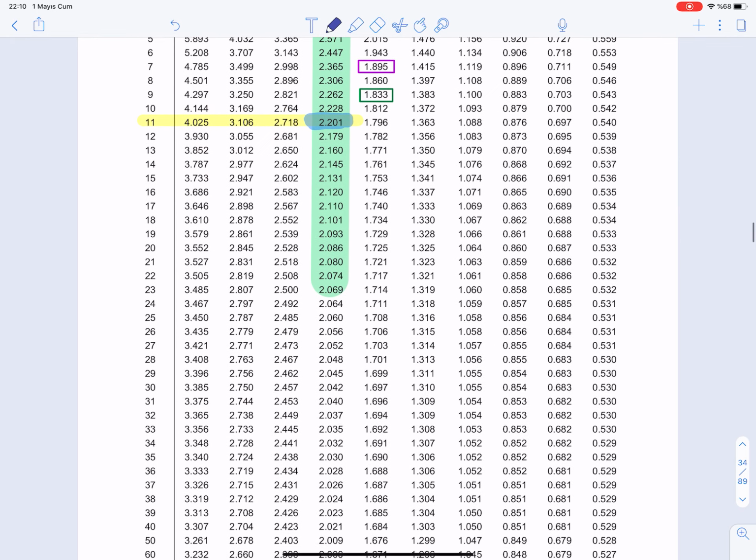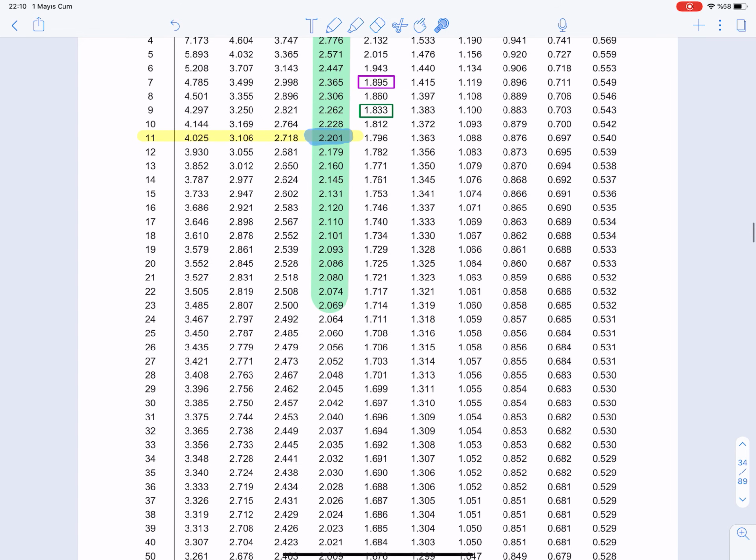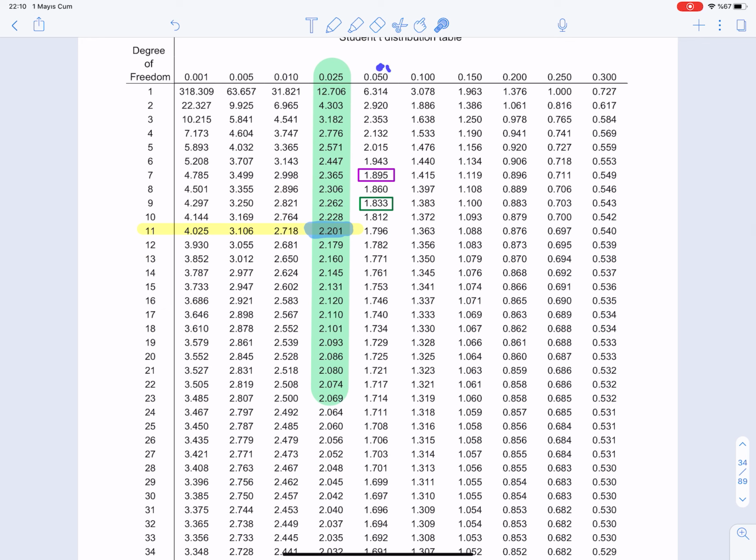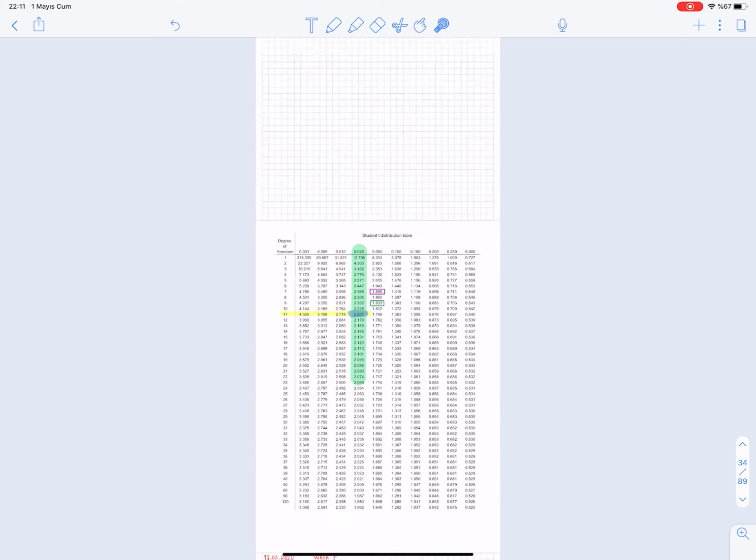I need to consider the row 21, the degree of freedom, and the column 0.05. My critical value for 0.05 and 21 degrees of freedom is the intersection, 1.721, and I also have a negative sign.